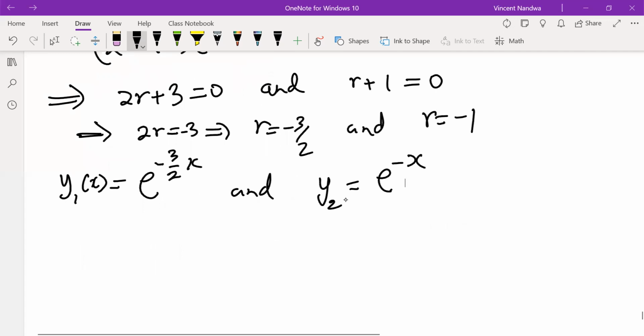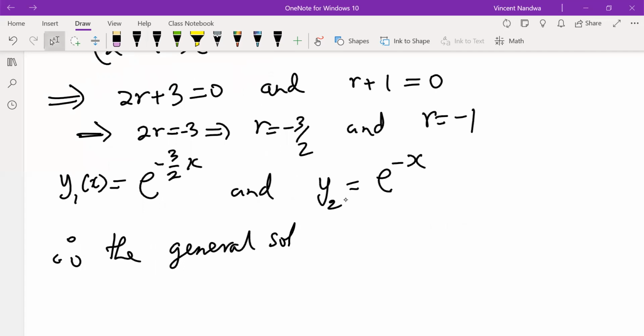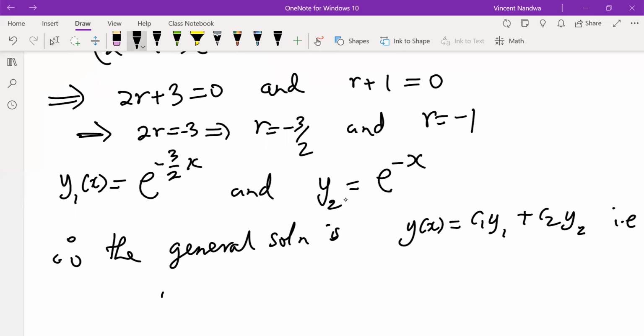So therefore, the general solution is y of x equals c1 y1 plus c2 y2. That means we have c1 e raised power minus 3 over 2 x plus c2 e raised power minus x, where c1 and c2 are arbitrary constants.